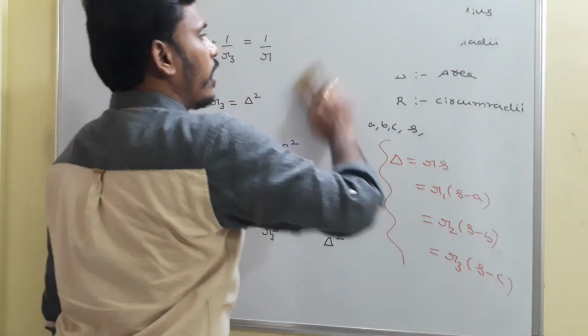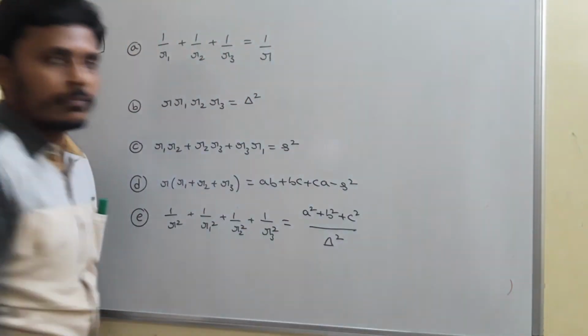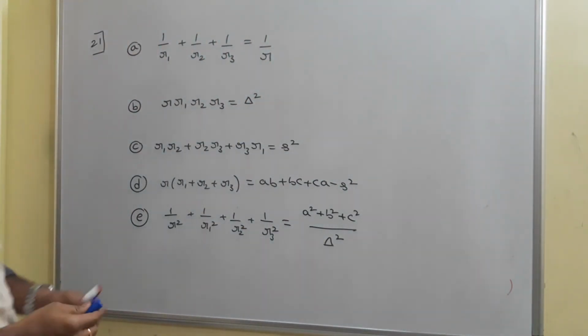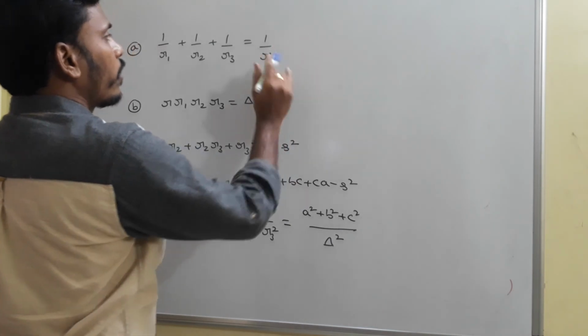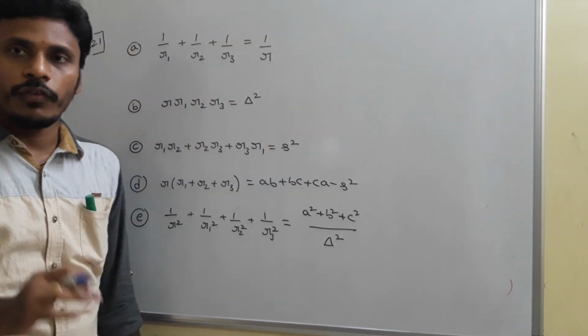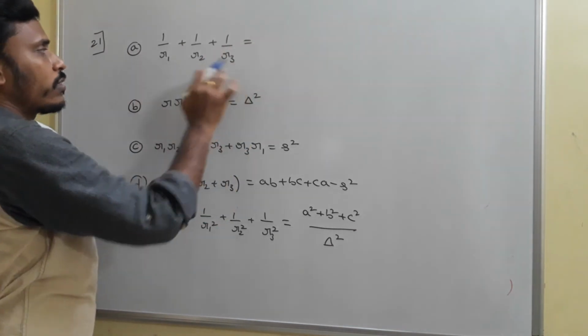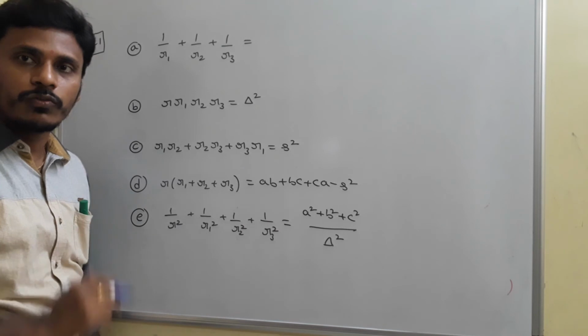First of all, if you think about the first problem, it is very simple actually. See, 1 by R1 plus 1 by R2 plus 1 by R3 is equal to 1 by R, we need to prove. For some time, leave this 1 by R, and think about the sum 1 by R1 plus 1 by R2 plus 1 by R3.